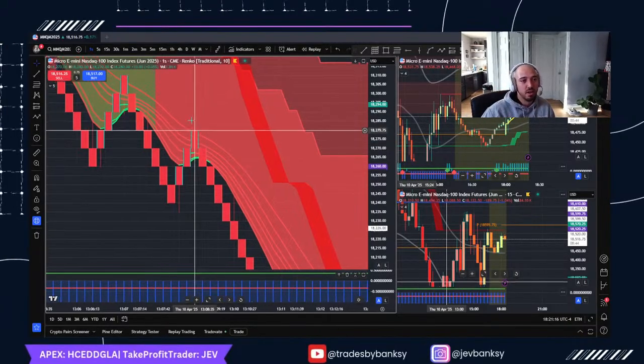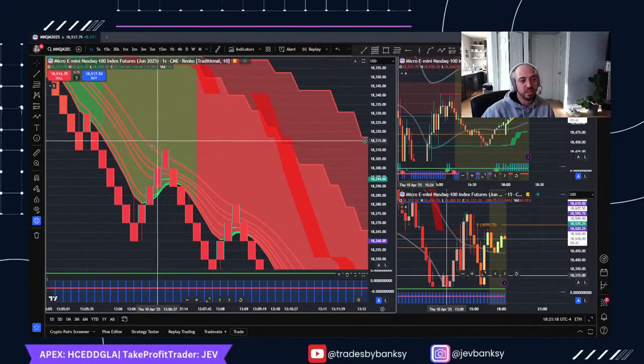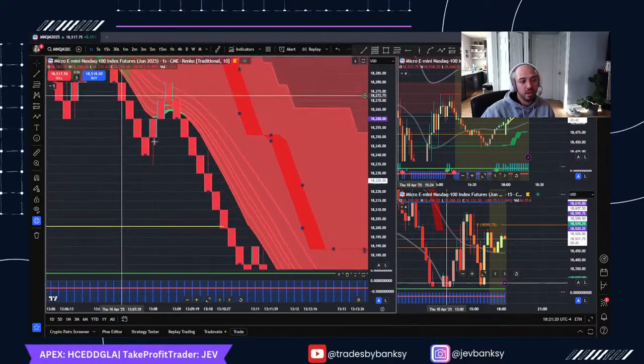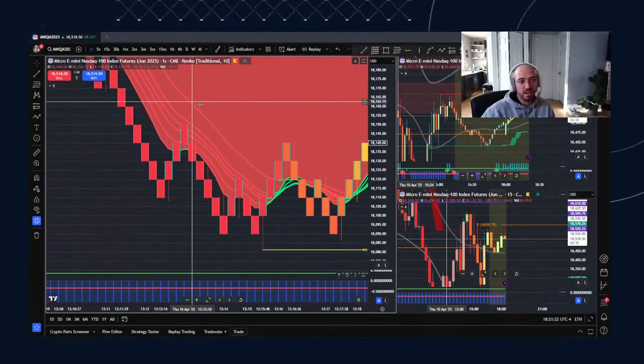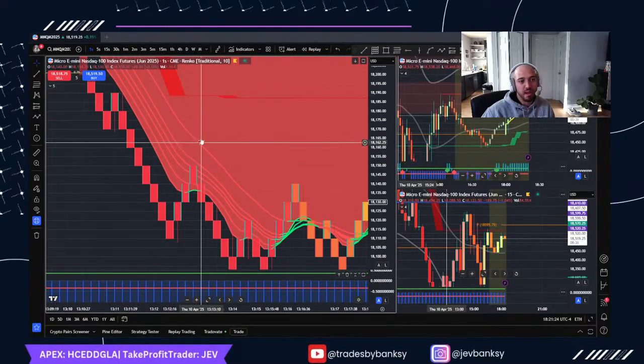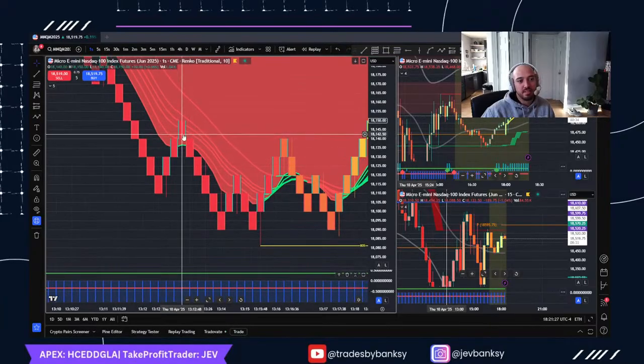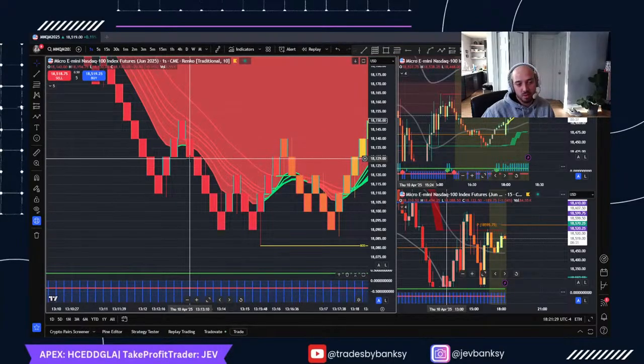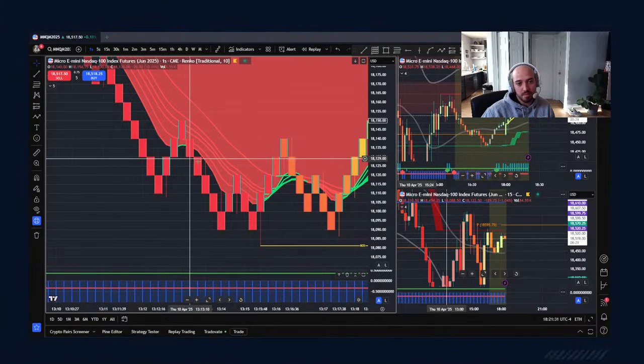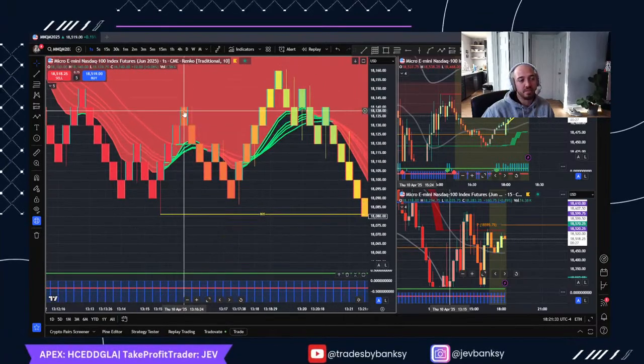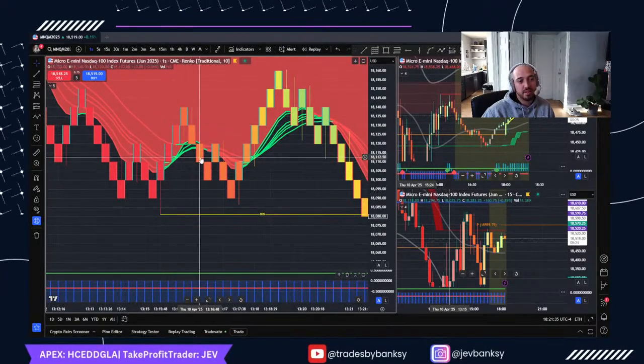Notice how we closed on the opposite end here, and here. But on this one, we didn't close on the opposite end. If not, we would have had some boxes close up here. And instead of waiting for two boxes, now we're waiting for one. Same thing here. Everything closed on the opposite end, one, two.